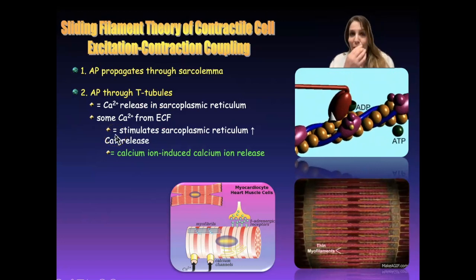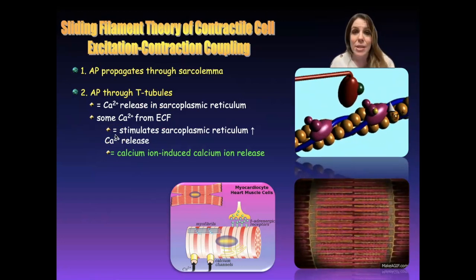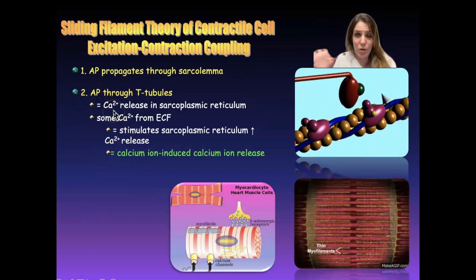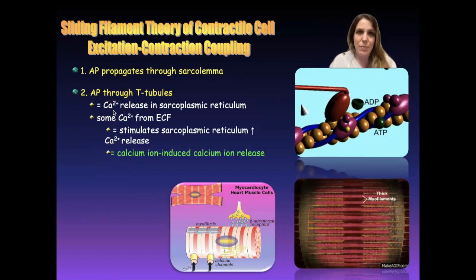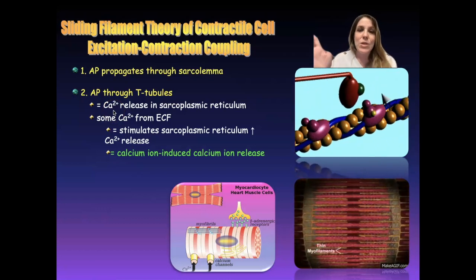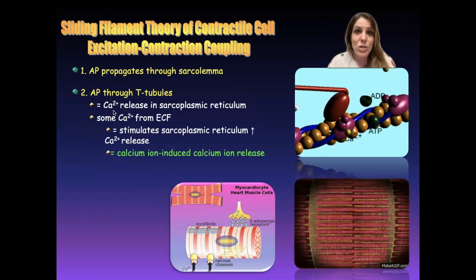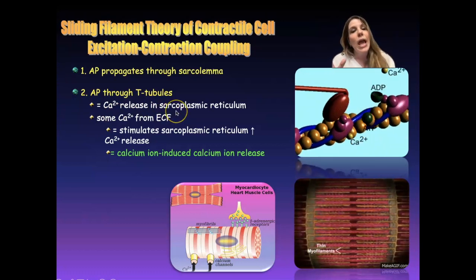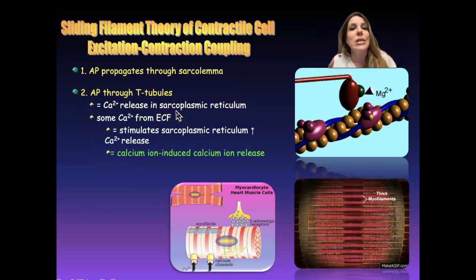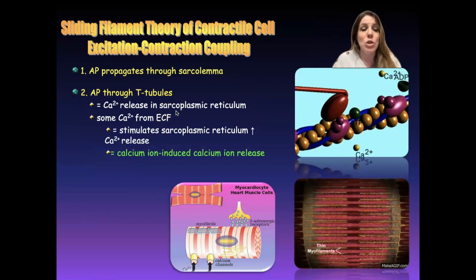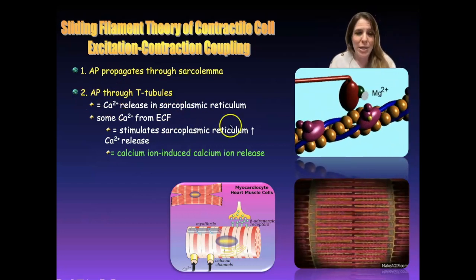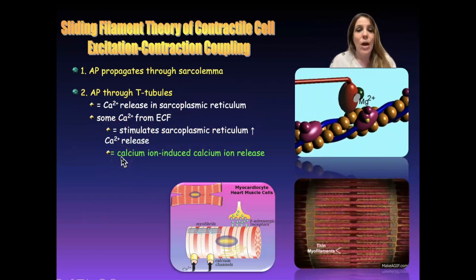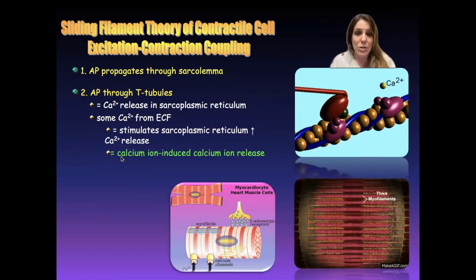So instead, what's going to happen is we are going to get a positive feedback loop. We're going to take that calcium that's already in the extracellular fluid that we've been talking about all this time. It's going to diffuse into the cell, and as it goes through that T-tubule, it is going to basically tell the sarcoplasmic reticulum to release more calcium. So it's going to stimulate the sarcoplasmic reticulum to increase calcium release.